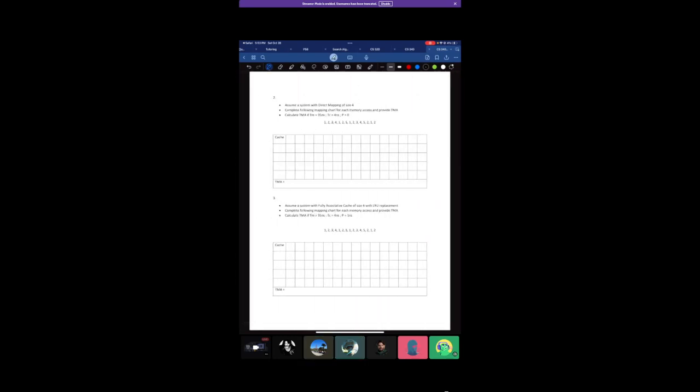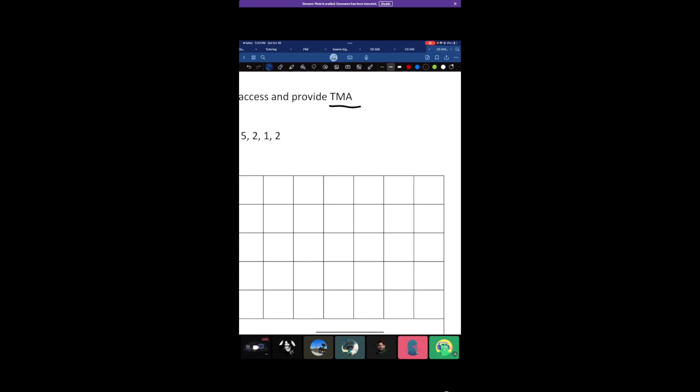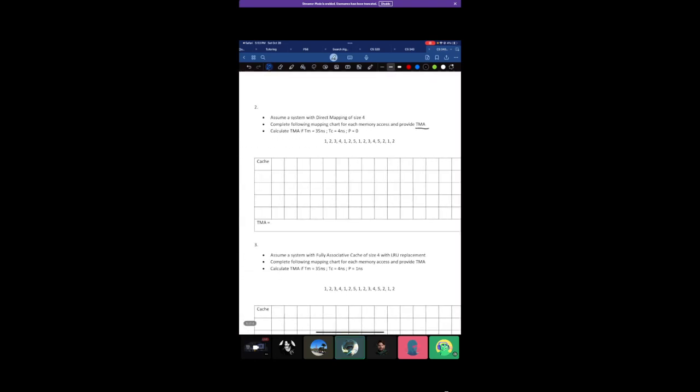So this is a mapping question with a cache size of 4. And it says assume a system with direct mapping of size 4. Complete the following mapping chart for each memory access and provide TMA. Calculate TMA if TM is equal to 35 nanoseconds, TC is equal to 4 nanoseconds, and P is equal to 0.